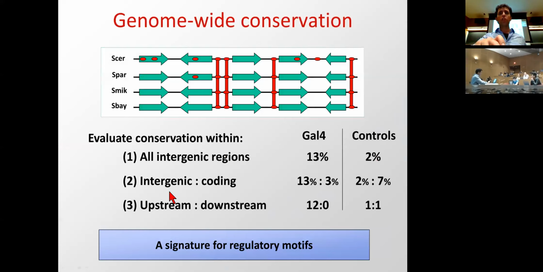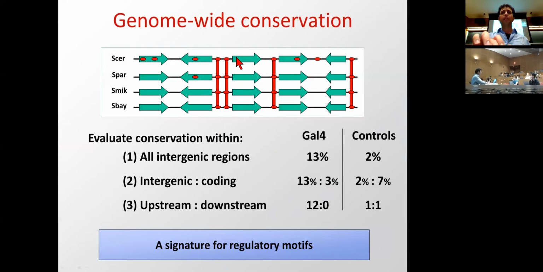If we ask what is the ratio of intergenic conservation to coding conservation, we find that Gal4 is preferentially conserved in intergenic regions versus coding regions, whereas random controls are, of course, preferentially conserved in coding regions versus intergenic regions. And you can see here that not only is it more conserved in intergenic, but it is actually less conserved in coding regions.